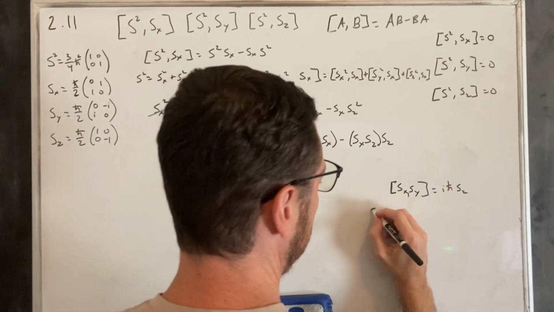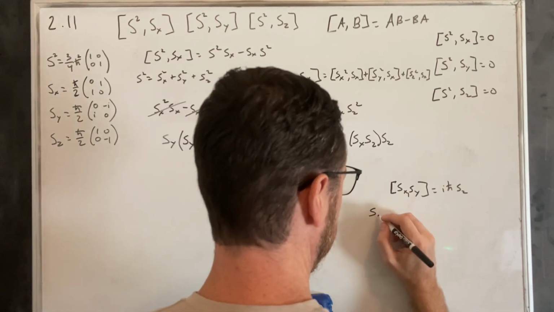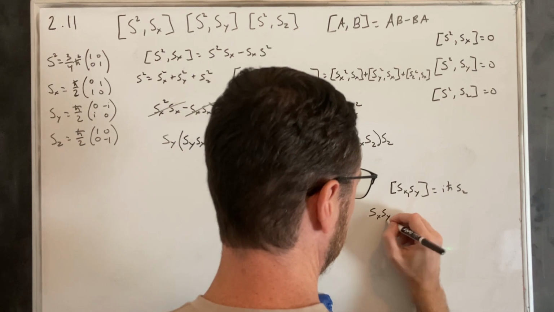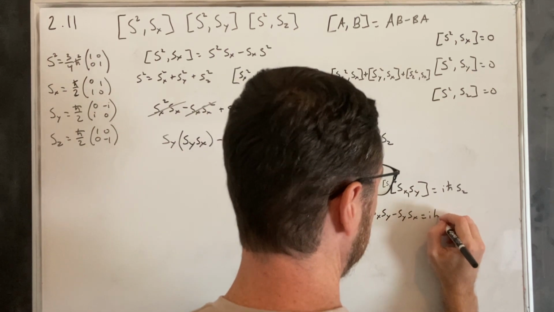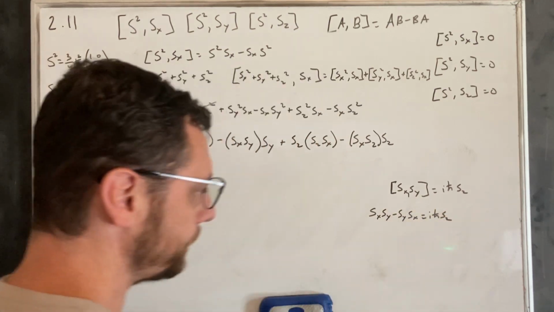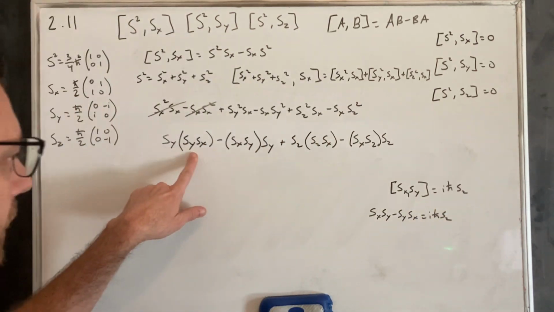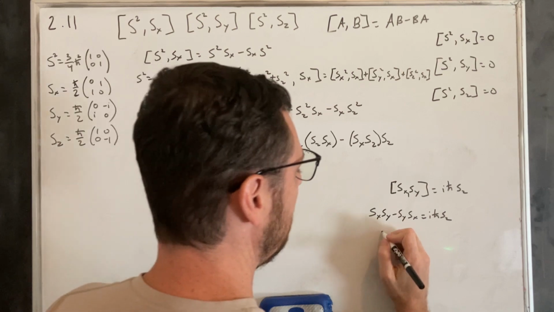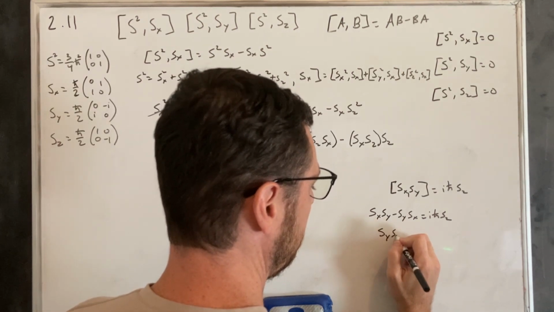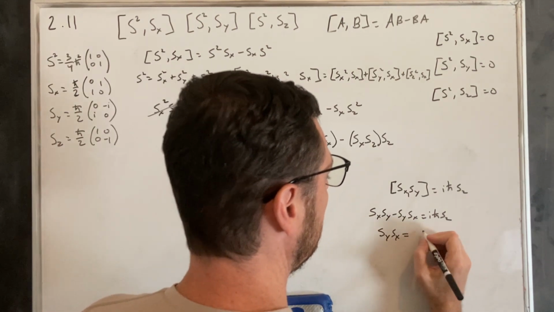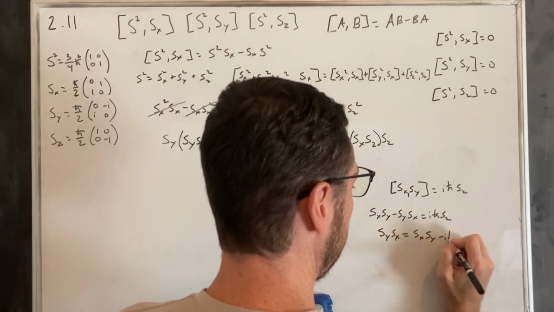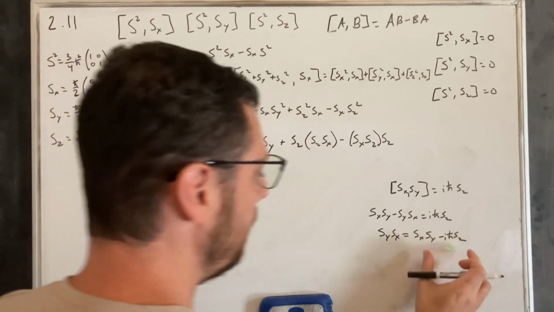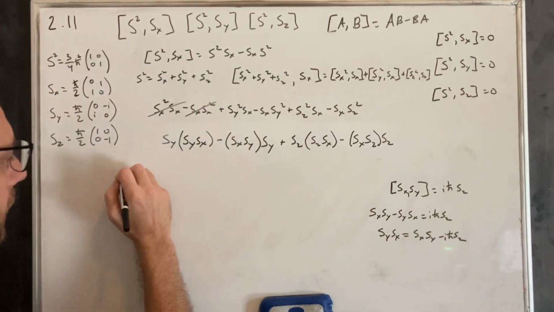And we also know that this is calculated by doing Sx Sy minus Sy Sx. And that equals i h bar Sz. So if we were to rearrange this and solve for Sy Sx, then we get Sy Sx equals Sx Sy minus i h bar Sz. So we can just plug that in here.